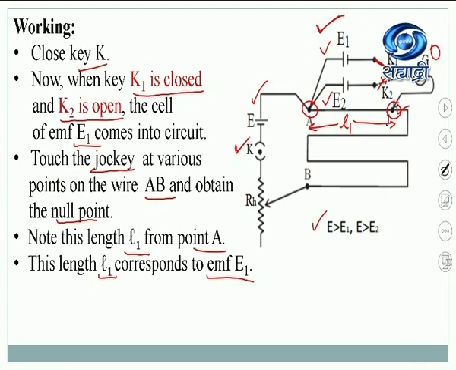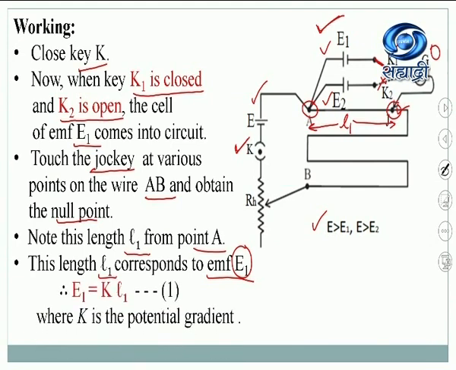We had seen that if the galvanometer shows zero deflection at this length, that means this EMF E1 is balanced by this length. So E1 is proportional to L1, and we can write E1 equal to K times L1. We get one equation with E1 in the circuit.